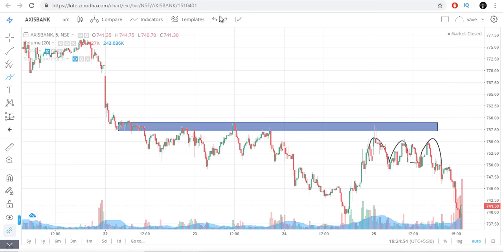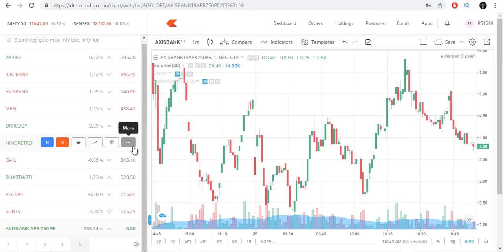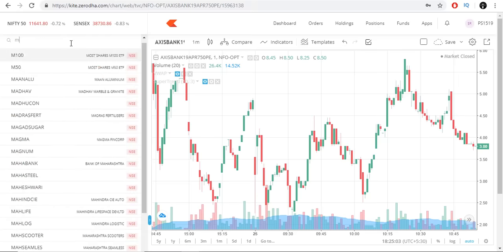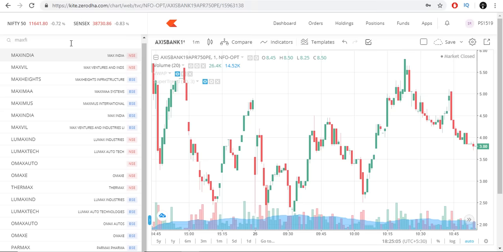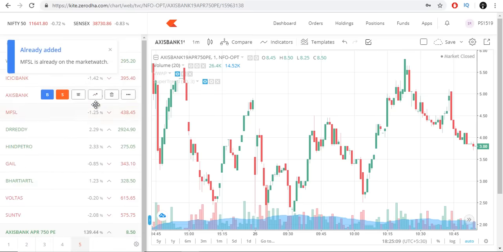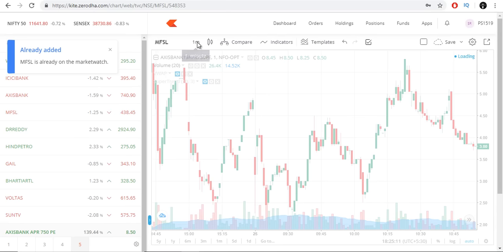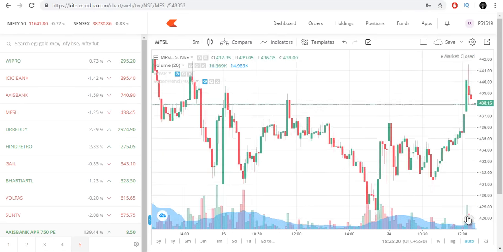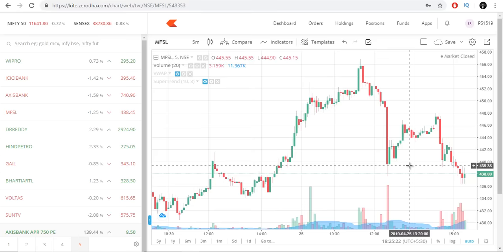So coming to my second trade, I have sold Max Finance Limited. Let's observe what Max Finance is doing. Let me move into the 5 minutes time frame chart. You can clearly see this is today's chart.